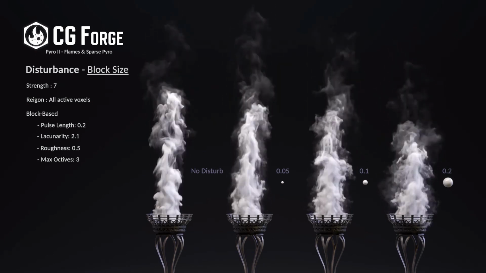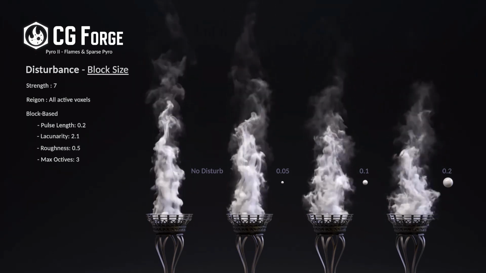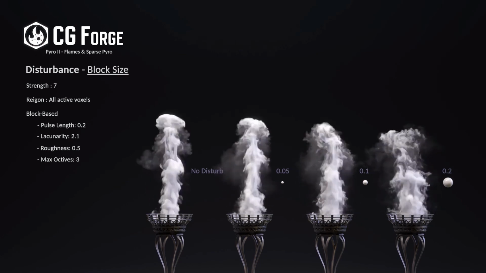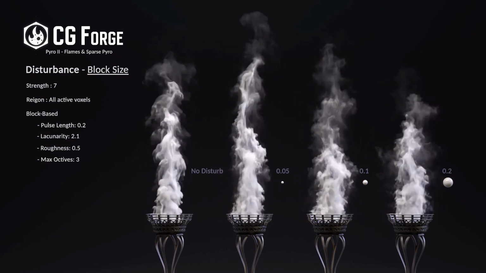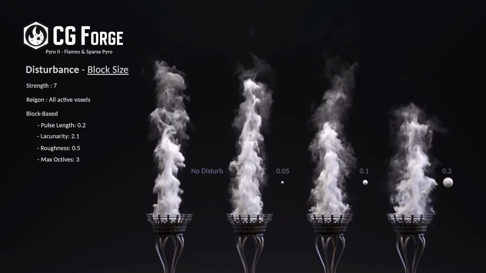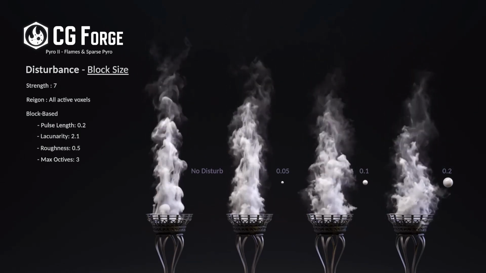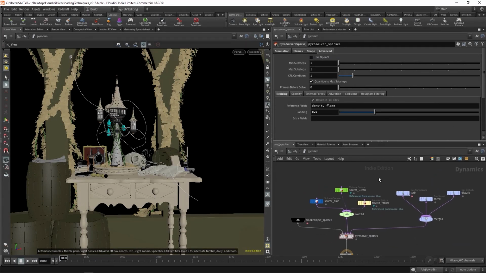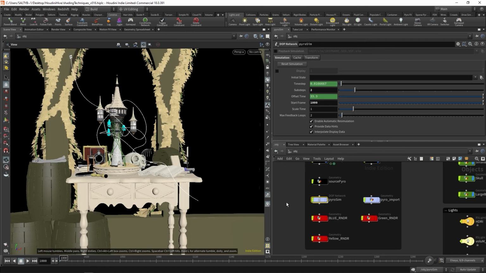So I like the look of 0.05. That's what I did for this particular simulation. But again, it just goes to say that when you set your simulation to exist within a meter, these particular settings will remain consistent.